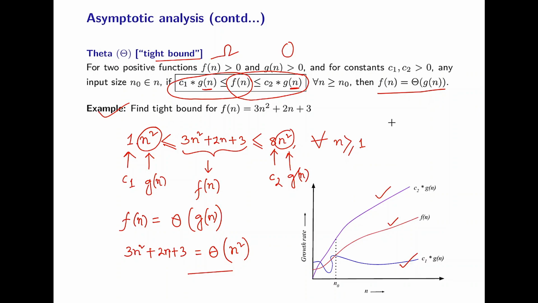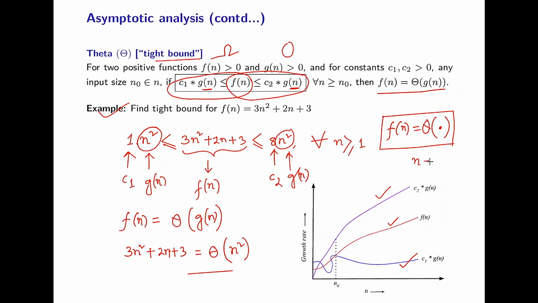Okay. So here is one important point, as we have seen in the earlier two cases also. f(n) is equal to, if I say theta, then I can only write the term that is equal to f(n). I cannot write anything else here.